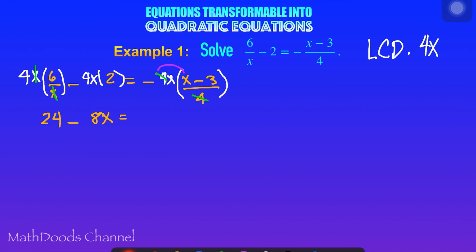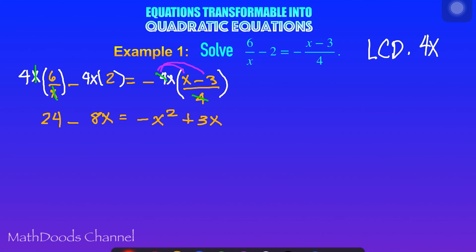Ito, i-distribute natin dito kay x at saka kay negative 3. Negative x times x is negative x squared. Tapos, negative x times negative 3 is positive 3x. Ayan.